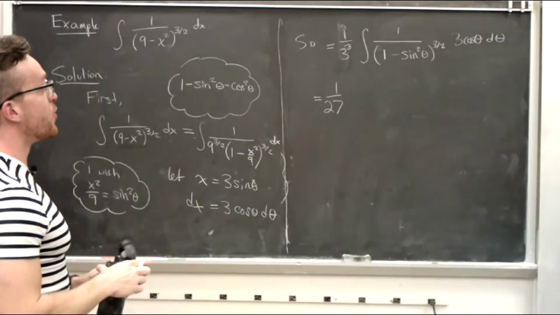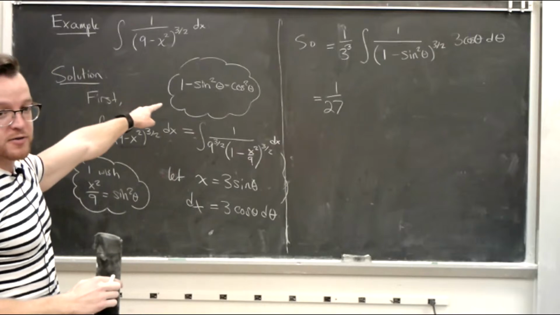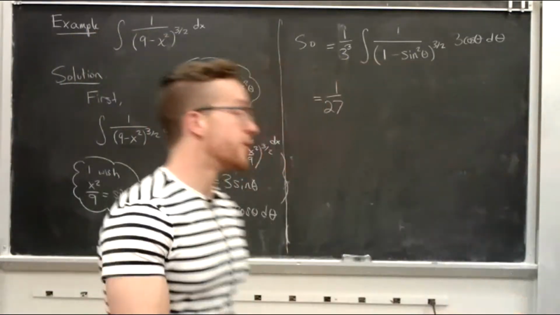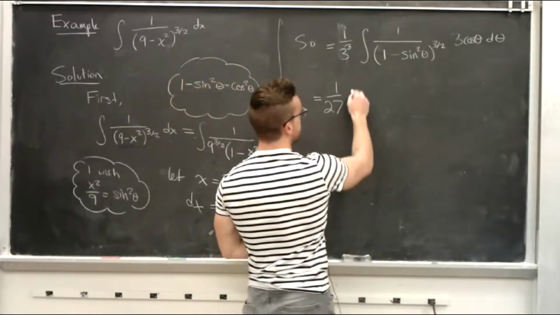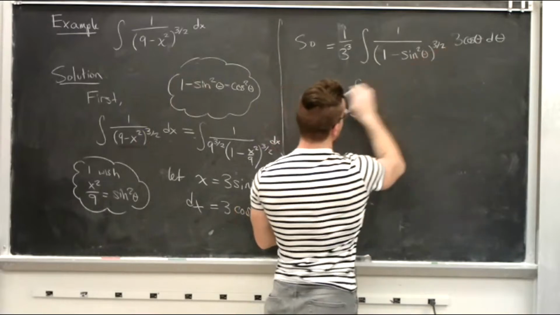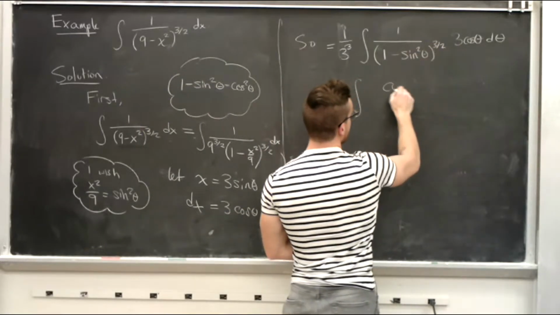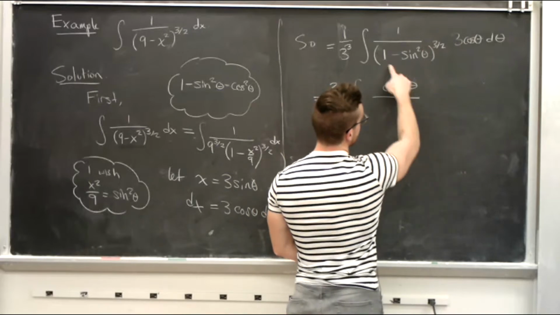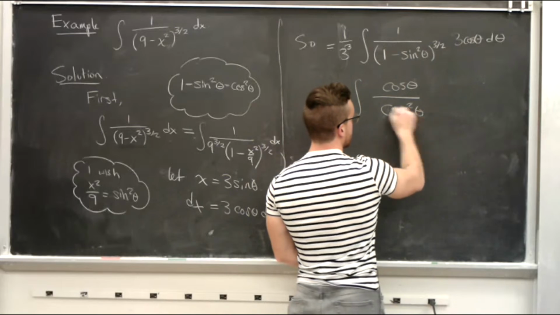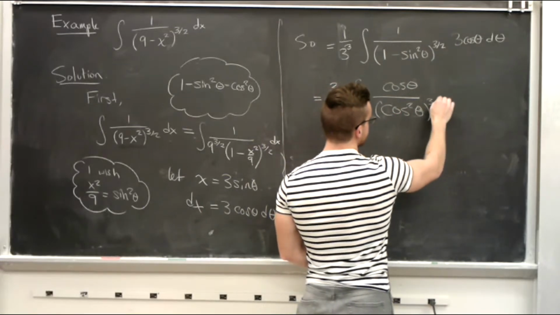Okay, so then the point is 1 minus sine squared theta, like we wanted to use, is cosine squared. So I can run that trig identity. Let's see, the 3 I can pull out front here. I have a cosine on top. And this is cosine squared to the 3 halves.